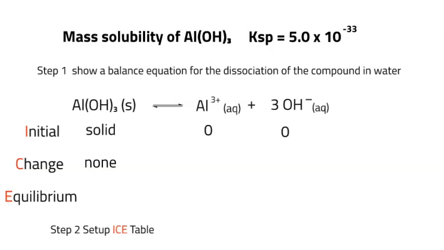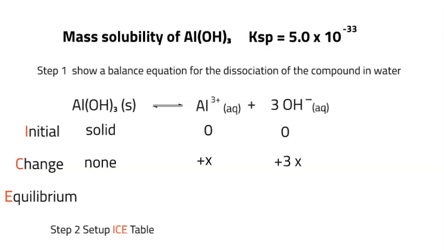The change in the product ions will be represented by a value of x for aluminum ions and 3x for the hydroxide ions, because that is the stoichiometric ratio, or the coefficient, between aluminum and the hydroxide ion.